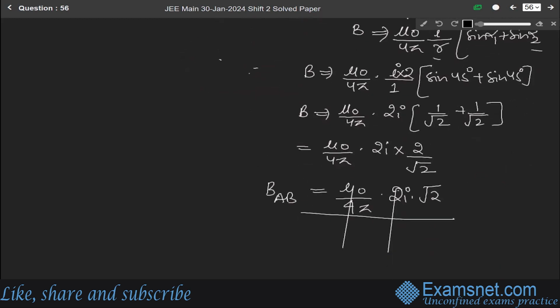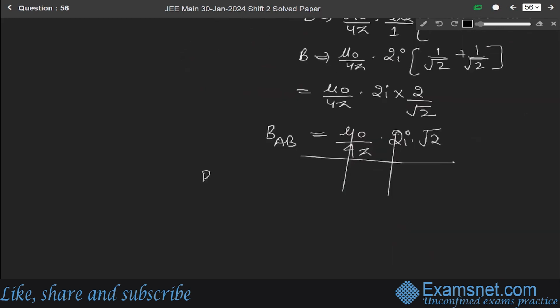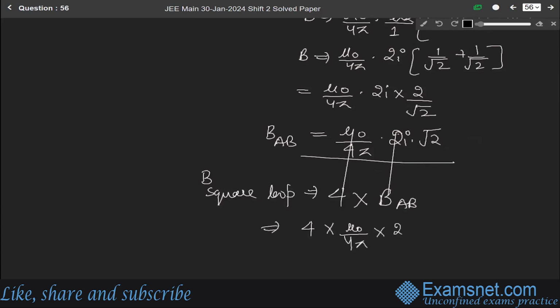Now the net magnetic field due to the whole square loop at the center O will be 4 into this B_AB. So it will be equal to 4 into mu naught over 4 pi into 2I into root 2.